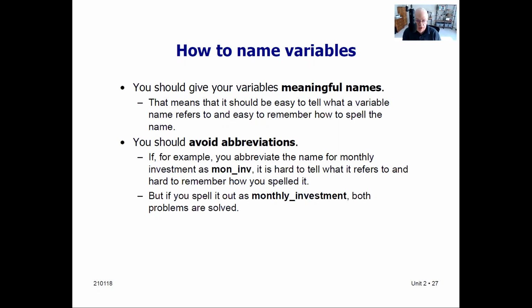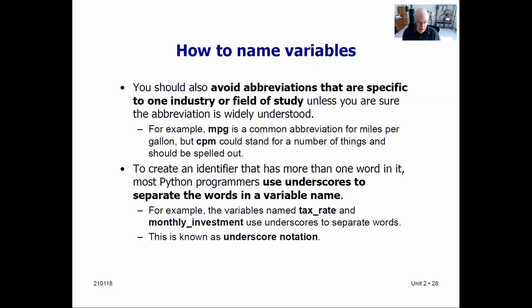Spell out the words for your variable names, especially early on here. The better you get at programming, you'll also get better at abbreviations. If you do use abbreviations, avoid abbreviations that are specific to one industry or field of study. So MPG, pretty good.